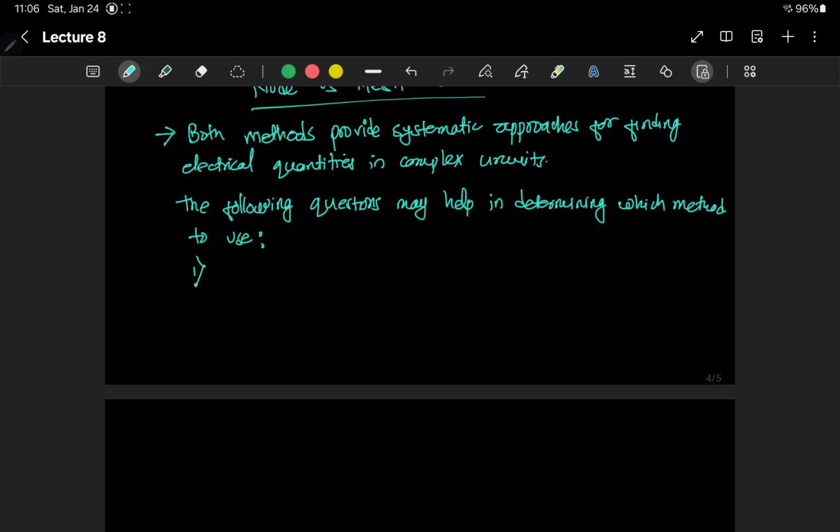The first question you always ask is: which method results in fewer unknowns? If one of the methods results in fewer unknowns than the other, always go for that.